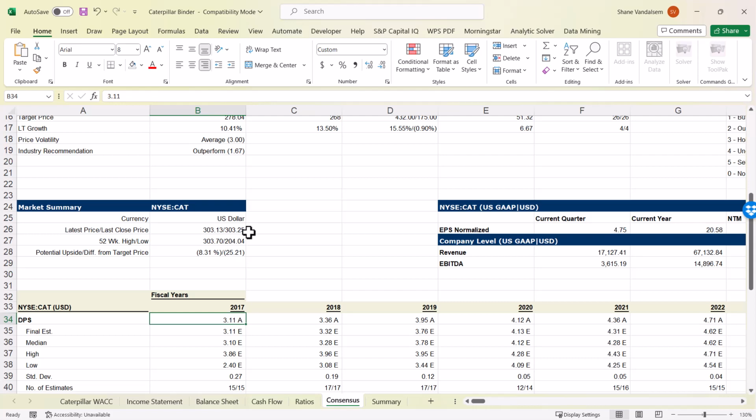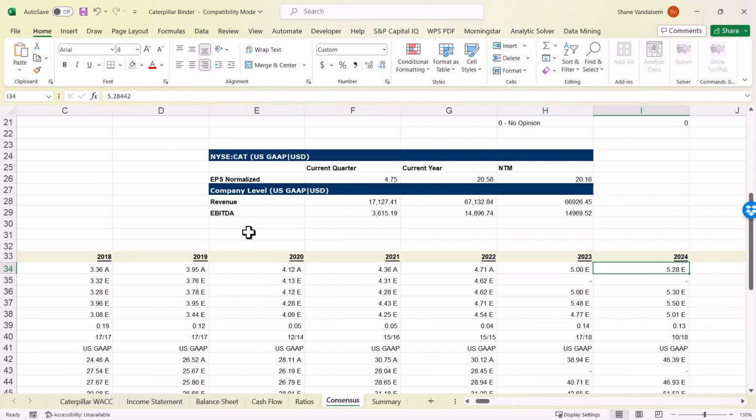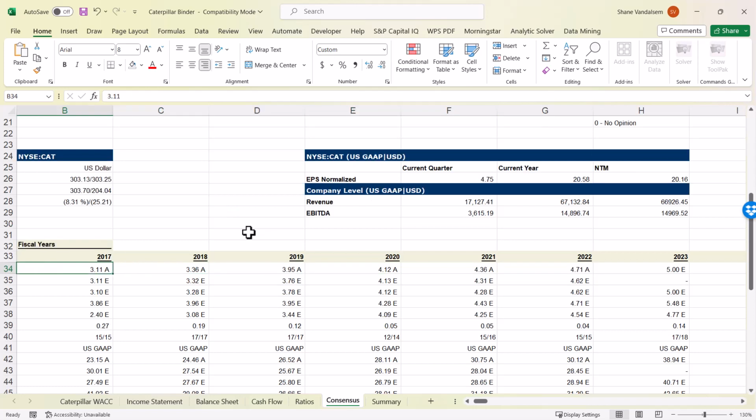So we have an estimate at the time that I recorded this. The end of the fiscal year for 2023 hadn't occurred yet, hadn't been reported yet for Caterpillar. So we won't use that one. We're going to use 2022, 2021, 2020, 2019, 2018, and 2017 as our 6 years.